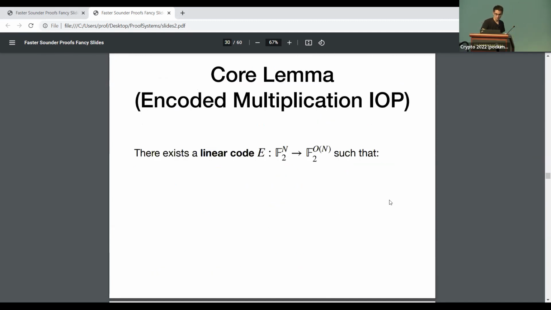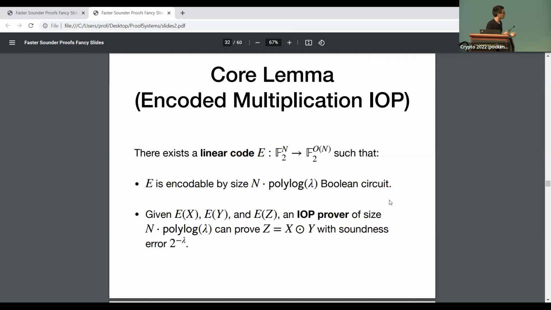Now I'm going to talk a little bit about the main lemma in our work. It's not 100% technically accurate, but I think it captures the new contribution. We show that there's a linear code that we can encode in with overhead polylogarithmic in the security parameter.